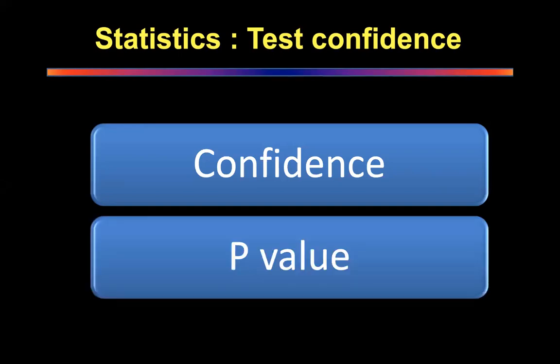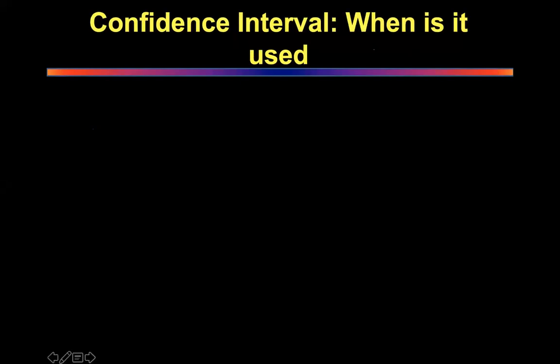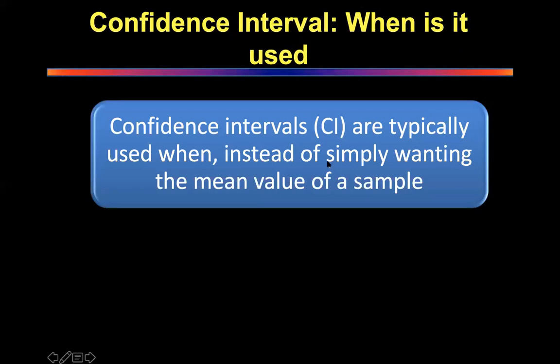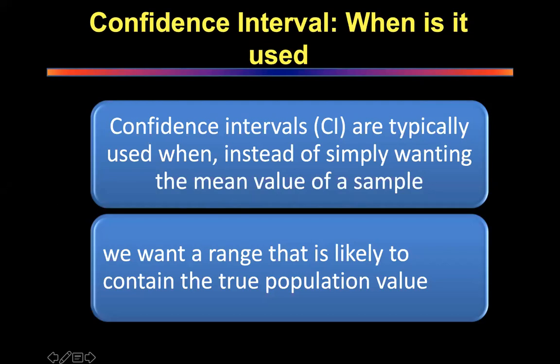So, confidence interval. When do you use a confidence interval? Confidence intervals are typically used when, instead of simply wanting the mean of a sample, we want to know if this range represents a true population value. Say there are 1 million people, the population of the UK, and I want to study how many patients had COVID.